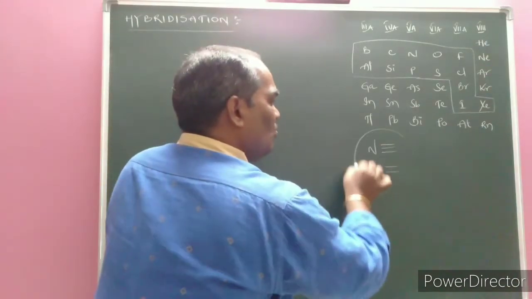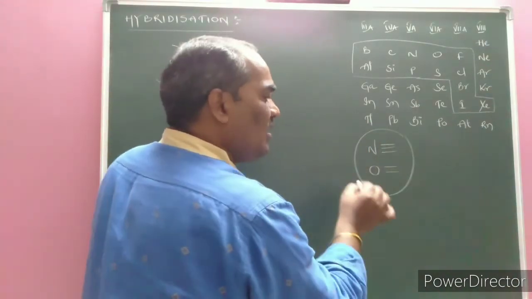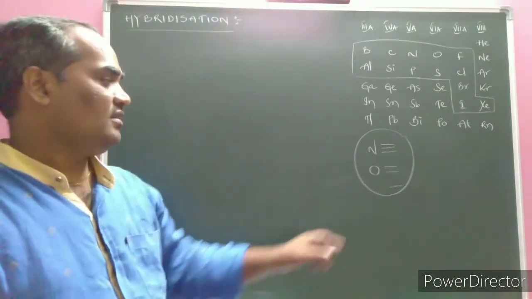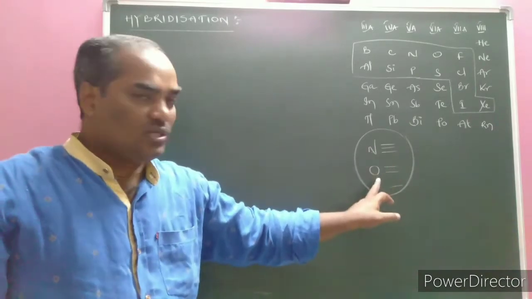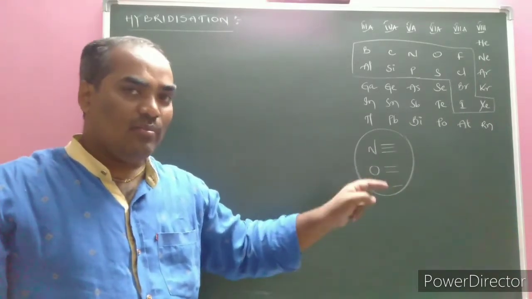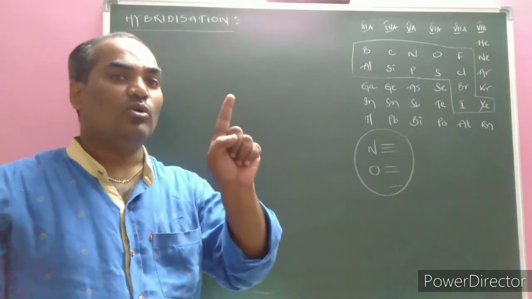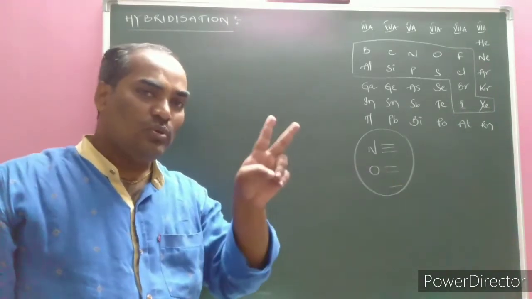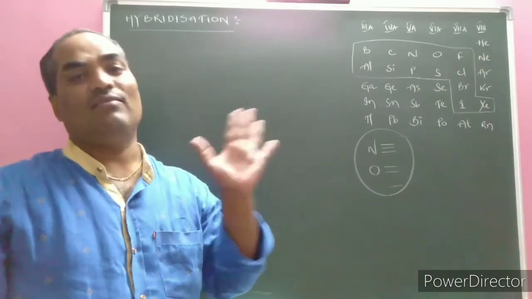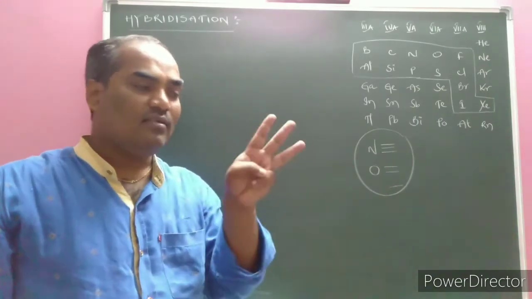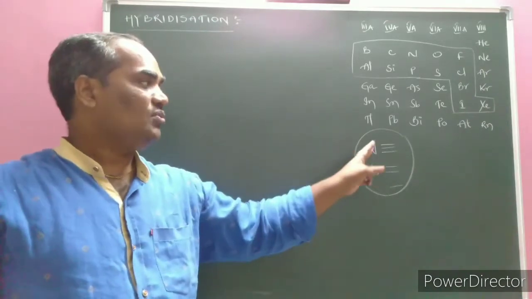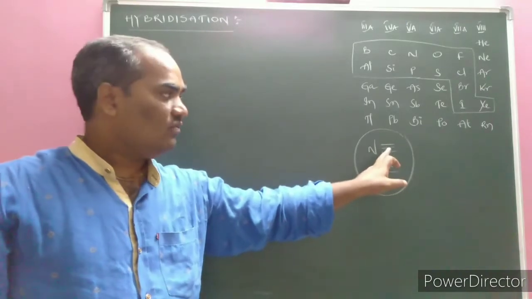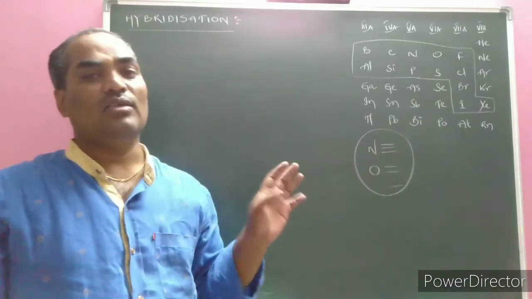Other than nitrogen and oxygen, all remaining elements are monovalent, meaning they require only one electron to make a bond. The oxygen atom requires 2 electrons to make a bond, which we call divalent. Each nitrogen atom requires 3 electrons to make a bond. Out of the 3 bonds, one is a sigma bond and the remaining 2 are pi bonds.